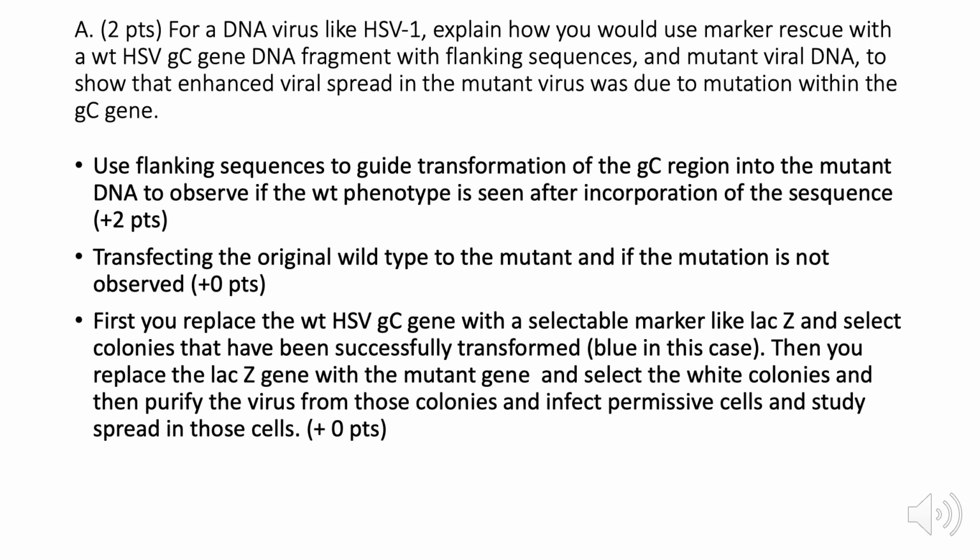It's a simple sentence, but it makes me believe that this student understands that the DNA from the fragment with its flanking sequences is going to undergo homologous recombination and recombine into the viral DNA and replace the sequence that has the mutation, replace the GC gene in the mutant viral DNA, and that the phenotype would then be presumed to be wild type.